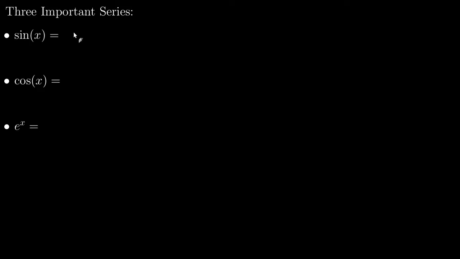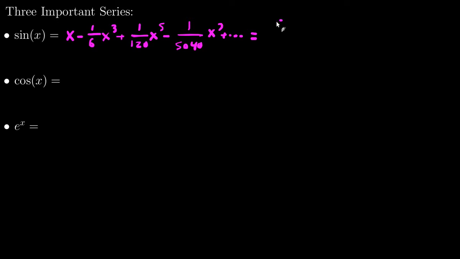But sine of x is going to equal x minus 1/6 x cubed plus 1/120 x to the 5th minus 1 over 5040 x to the 7th, and this keeps on going, which will equal the sum as n goes from 0 to infinity of, we only have odd powers of x, so I'm going to have x to the 2n plus 1, that's going to give me odd powers.